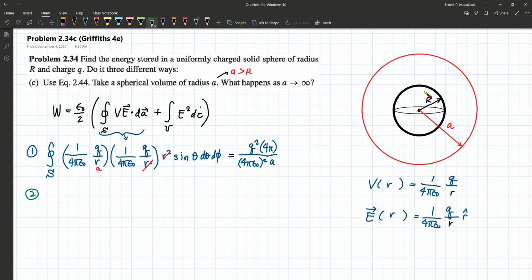Because of that, we should consider it in two parts, namely the volume integral inside the spherical charge and the volume integral outside the spherical charge. So the integral of E squared d tau becomes the integral of E squared inside, plus the integral of E squared outside.